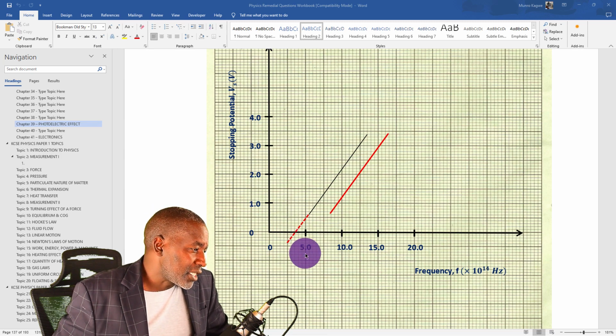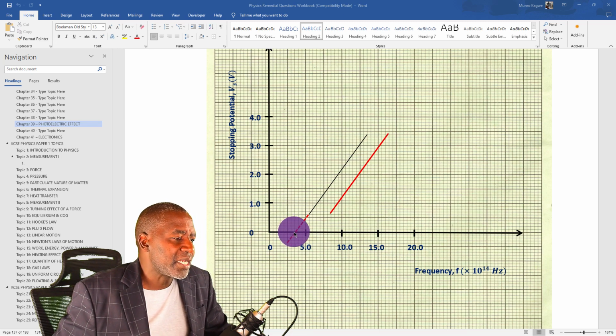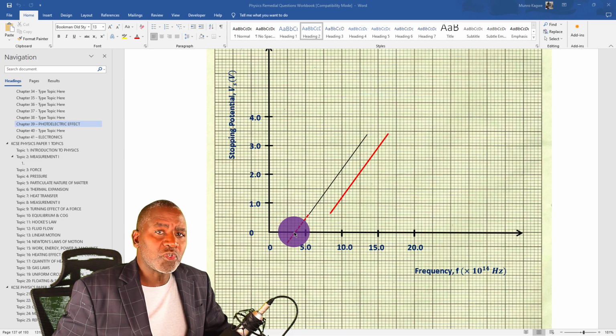When we look at it, since this one is 5, this is 10, this is 15, this is 20, then this frequency here, where 2 small divisions are equivalent to 1, 2, 3, 4, and 5, I can see that since this one is 4 and this one is 3, it is 3.5 by 10 raised to power 14.